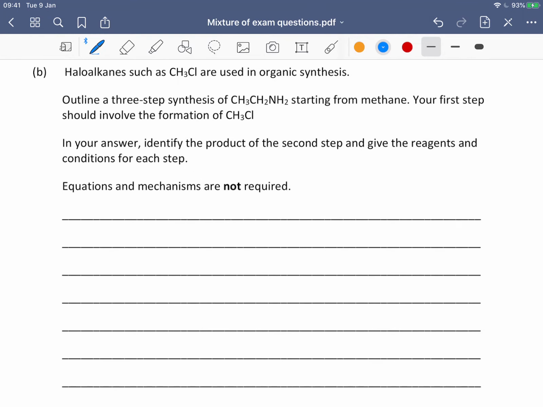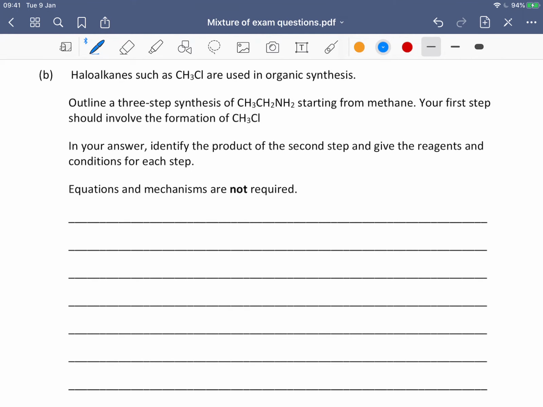Another 6-mark question. So haloalkanes such as CH3Cl, so chloromethane, are used in organic synthesis. Outline a 3-step synthesis of, and then it's ethanamine, starting from methane. Your first step should involve the formation of CH3Cl.